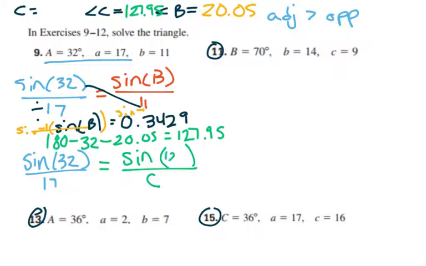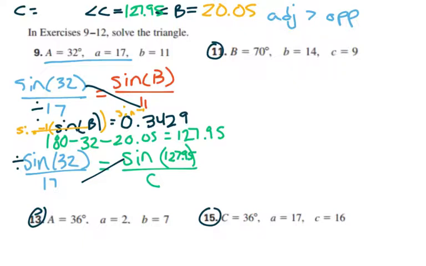Alright, so I'm going to put in 127.95, and now I'm going to cross multiply and divide by sine of 32 in order to get the length of side C. So sine of 127.95, and depending how much of the decimal you abbreviated, which in this case I apparently abbreviated to 2 decimal places, which is not fun, I just don't want to go back and get the rest of them, means that I'm going to have a slightly different answer divided by sine of 32 than maybe what the book has.